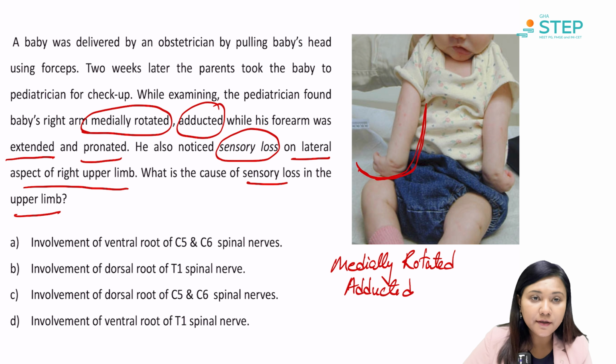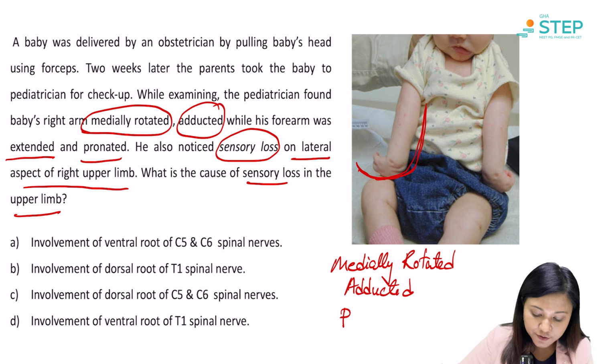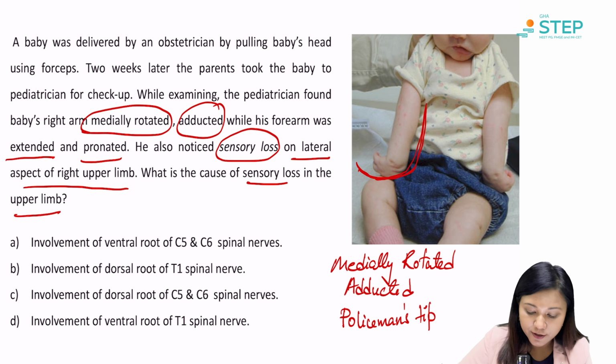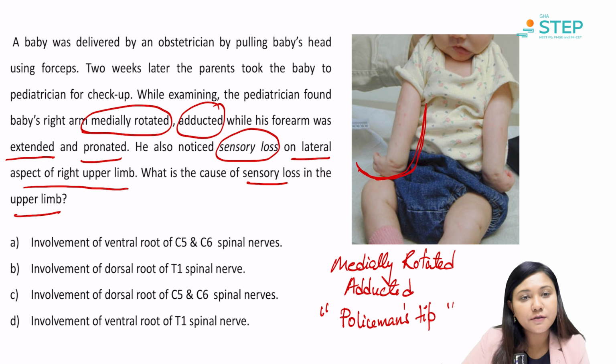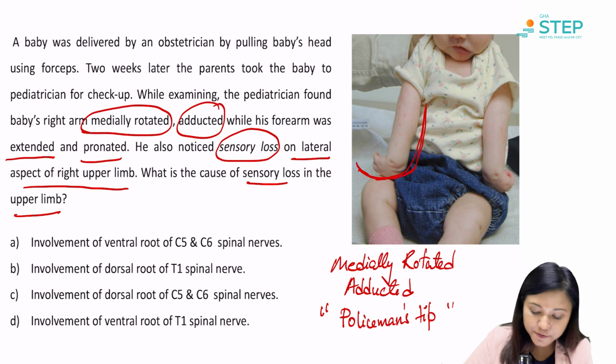And it looks like a policeman is asking for a tip. So this is known as the policeman's tip sign. And this is found in a condition known as Erb's palsy.